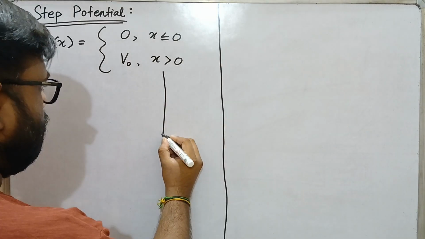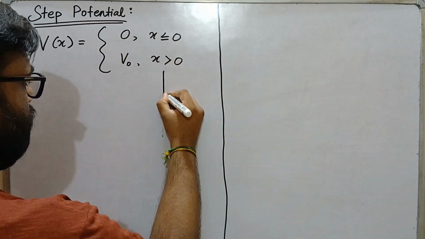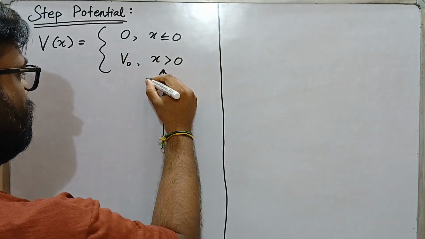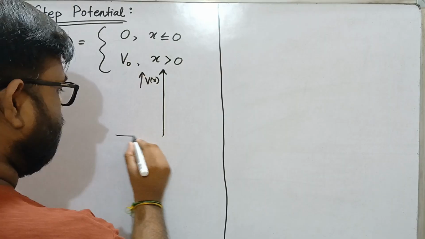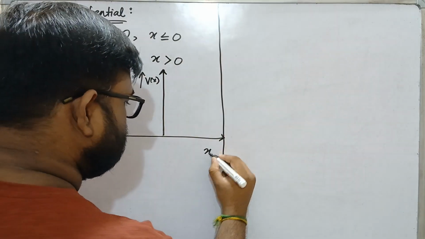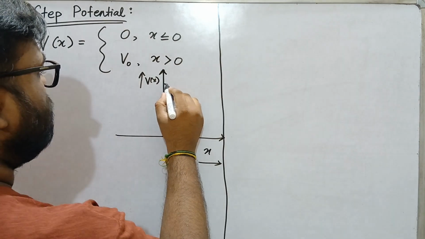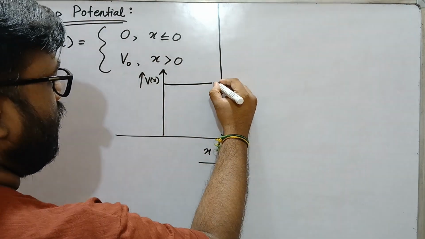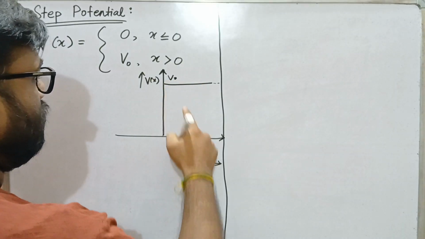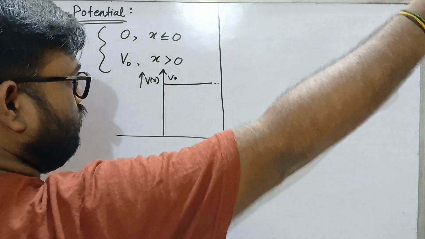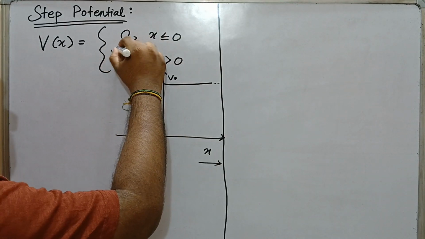If we make the potential axis, which will tell us V(x), and this our x-axis, how will this potential look? This potential will look like this, and this will go on till infinity. This is the value of V0, and the potential goes on to infinity, because for all x greater than 0 the potential is V0.